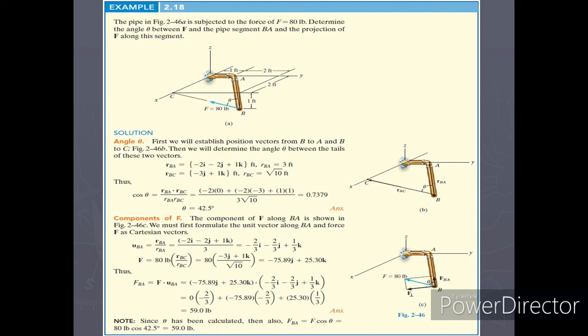So minus 3j plus 1k. This point and this point have the same coordinate along the x-axis, 2 and 2, so there is no component along the x-axis.